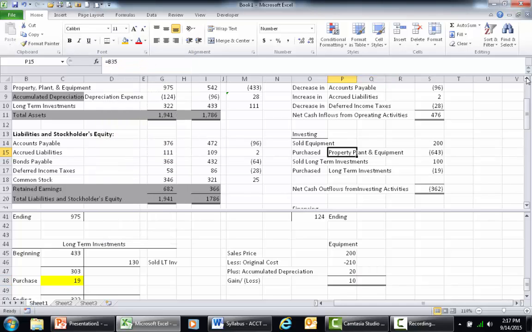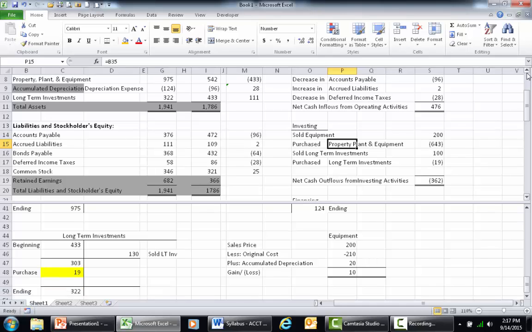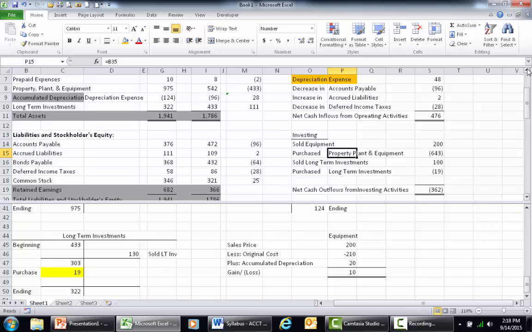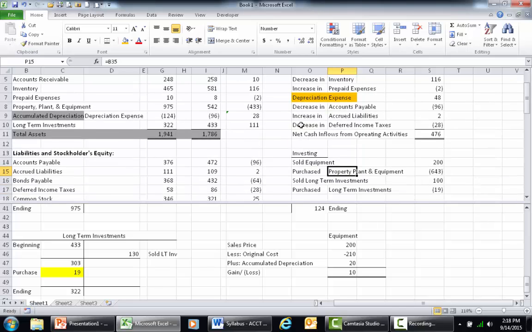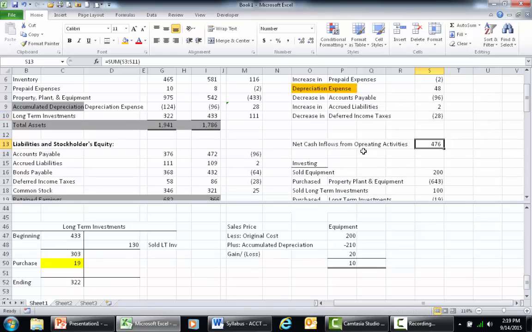We're going to make room for that up here. Gains and losses always get reported in the operating section. So we come up to the operating section, and now we're going to make some room. So now I've made two blank spaces because I know that we're probably going to have a gain or loss on long-term investments that we sold as well.